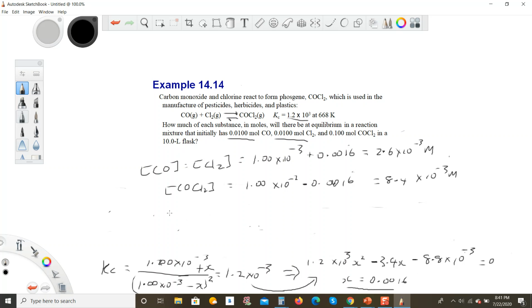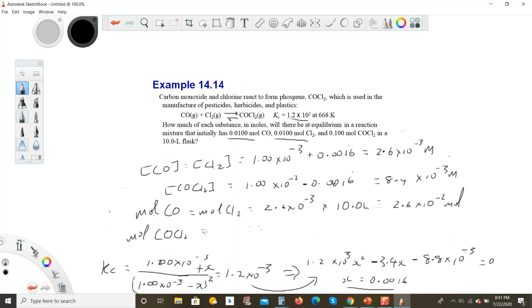So to get the moles of each of them, moles of CO is going to be equal to the moles of Cl2 because the numbers are the same for both of them. That's going to be equal to the concentration, which is 2.6 times 10 to the minus 3, times the volume. What's the volume? The same volume as before, 10.0 liters. And according to my calculation, this works out to be 2.6 times 10 to the minus 2 moles. And then we do the same thing for the moles of COCl2.